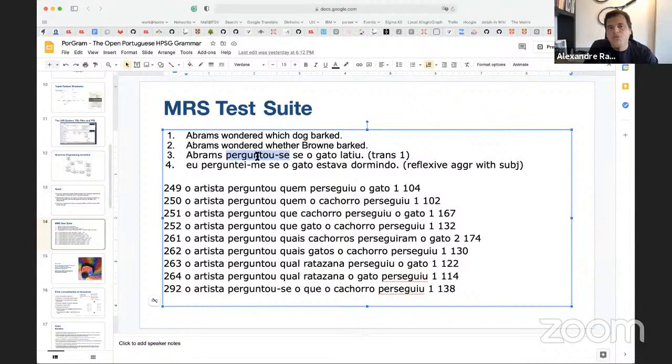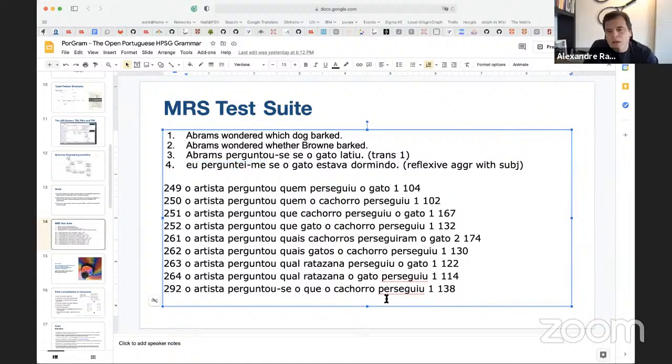So we have an extra complexity in the structure of the translation, right? And once we introduce this reflexive particle, we also have to think about constructions where in Portuguese we have agreement between the subject and the reflexive particle, right? So "eu perguntei-me." So "me" is in agreement with "eu."